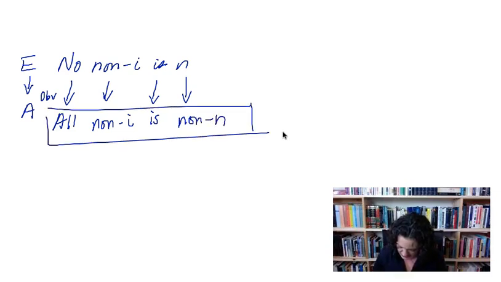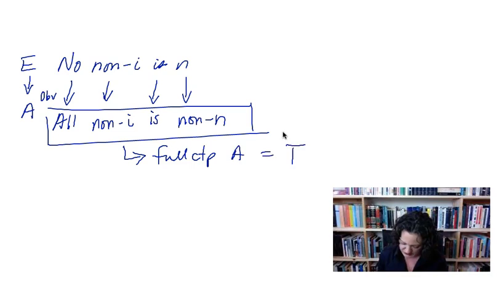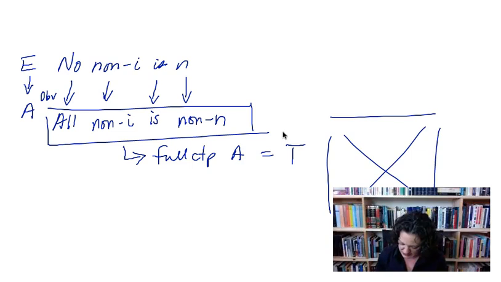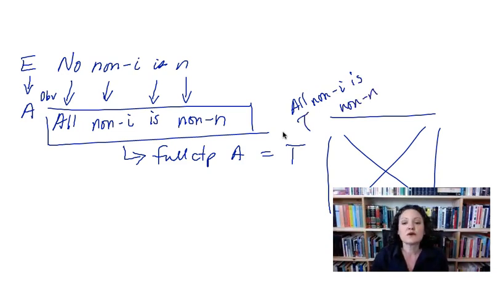All non-I is non-N. Does that fit on our square? It turns out this is on the full contrapositive A corner, and that is a true statement. If you recall, the second square and the A statement over here was all non-I is non-N, and we said that was true. So there it is. That's your answer. It's true.